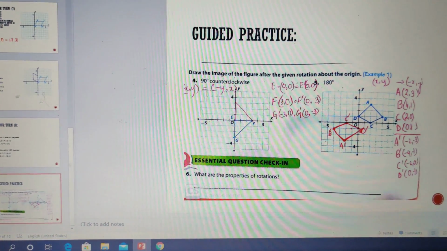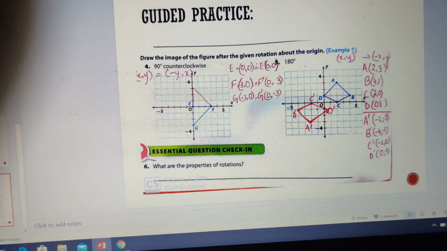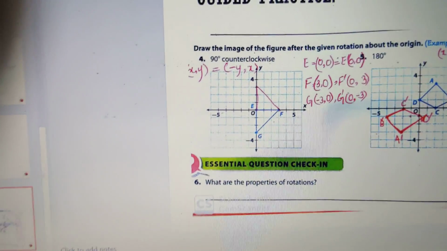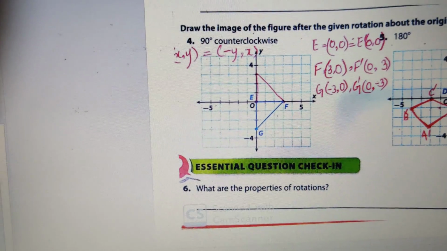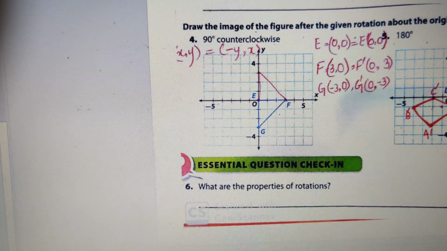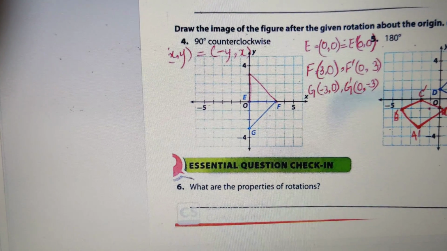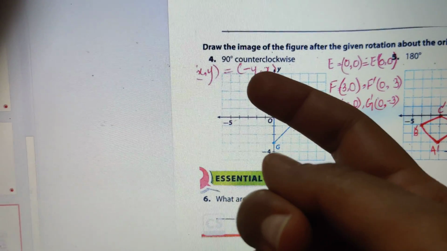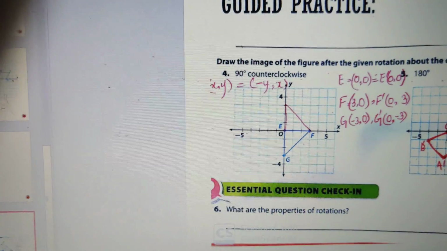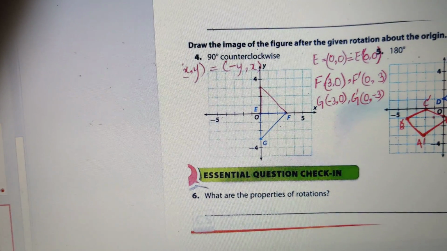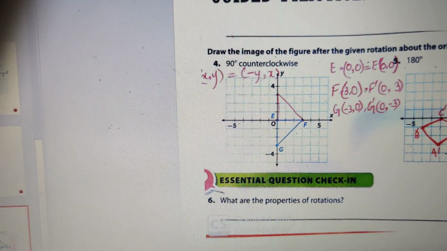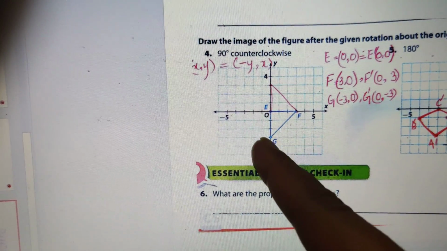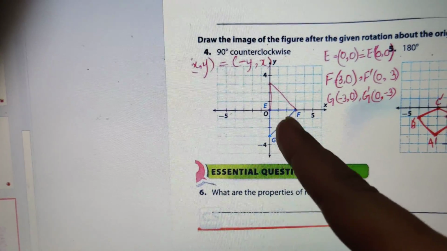Now we have guided practice. These two questions were left that we didn't solve in the class. In this image you can see they are saying 90 degrees counterclockwise. When you see the table of formulas, the formula is x, y to negative y, x. Switch the places and y becomes negative. When you write the coordinates E, F, G, these are the coordinates for the image given here.